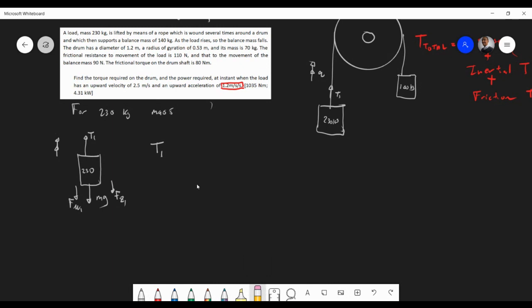Alternatively, if you want to be really cool about it, you apply that. You can say T1 minus F mu minus Fz equals MA. That's the normal way of doing it. Of course, you've got to just add them all.